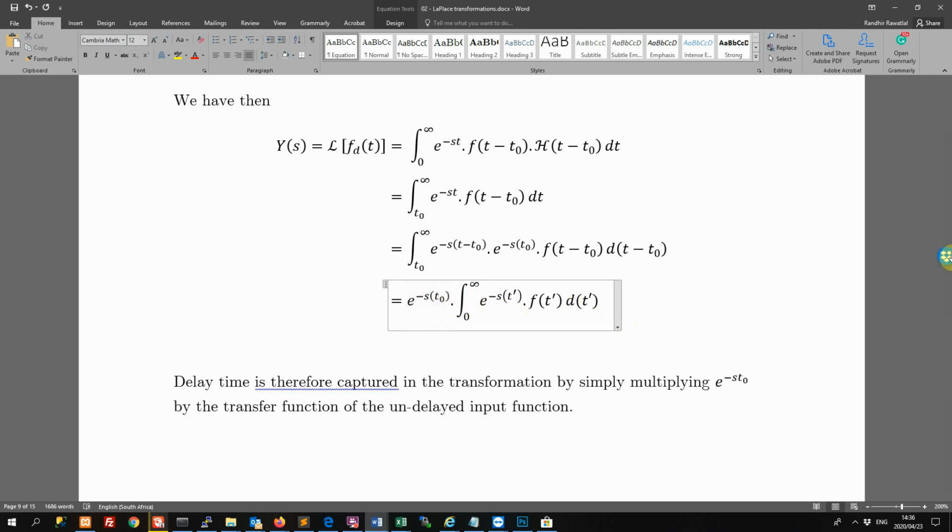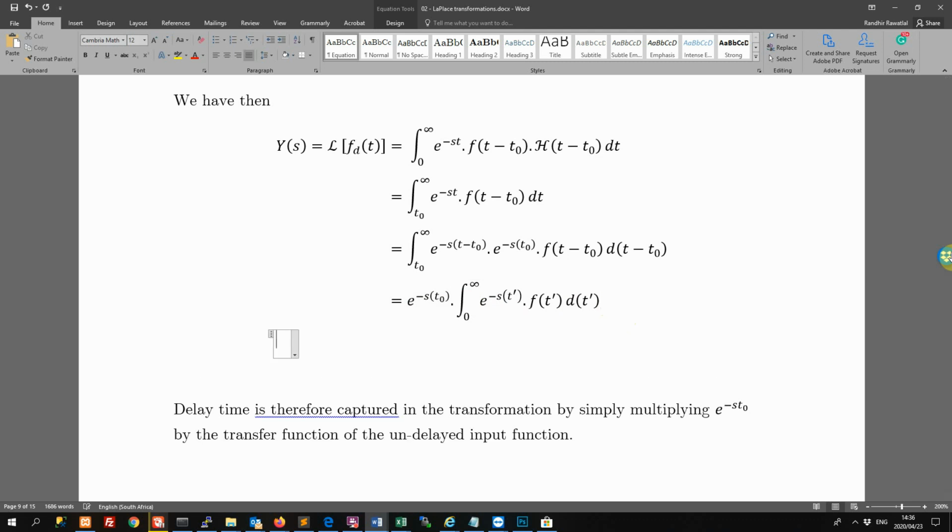So here let's list that as e to the minus s t naught times y dashed of s.